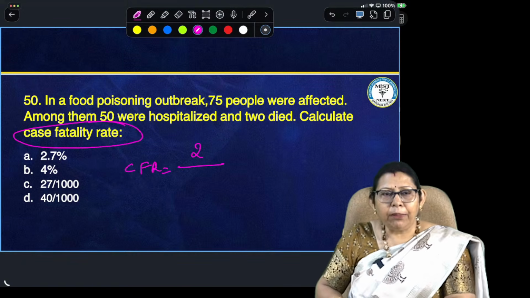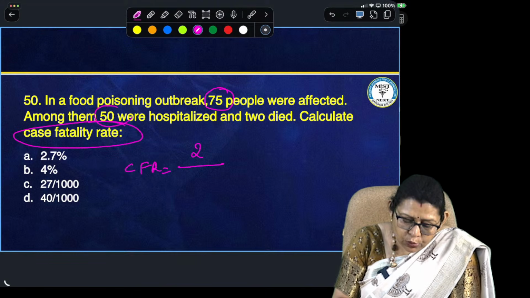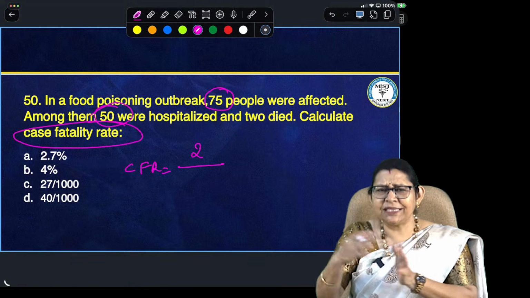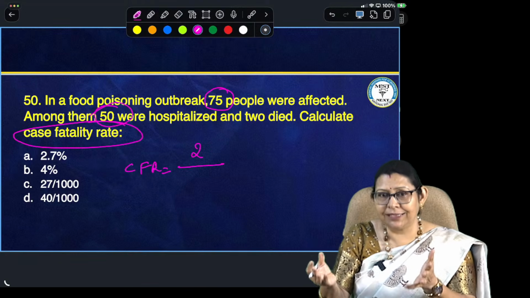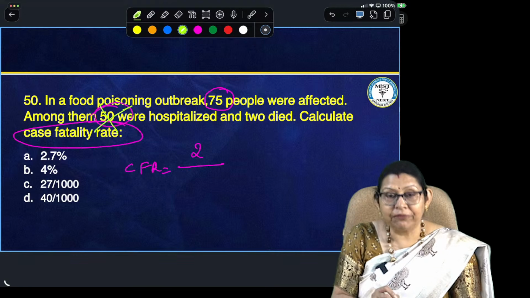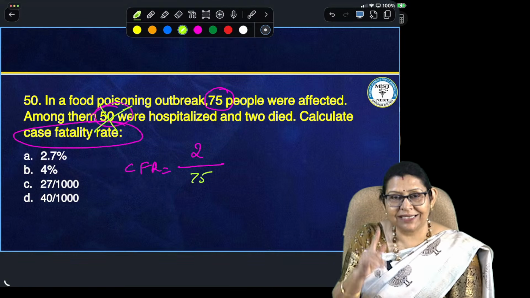2. अब यहाँ पे कैच है कि टोटल केसेस आप 75 लोगे या जो हॉस्पिटलाइज हैं वो लोगे? No, hospitalized is a severe cases are hospitalized, but cases are actually 75. So I'll not be taking this 50 as my denominator. I'll be taking 75 as my denominator. This is the catch.